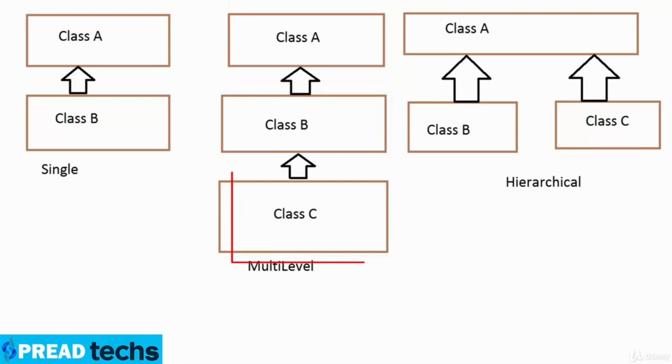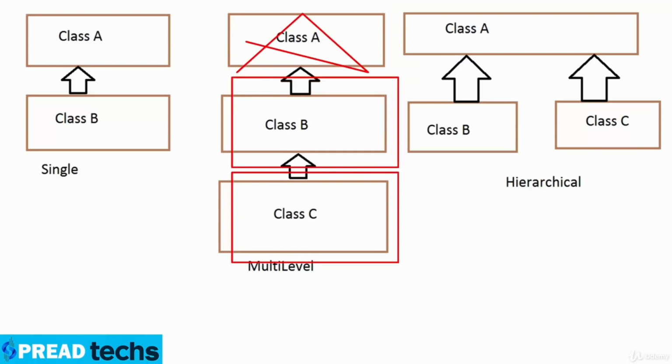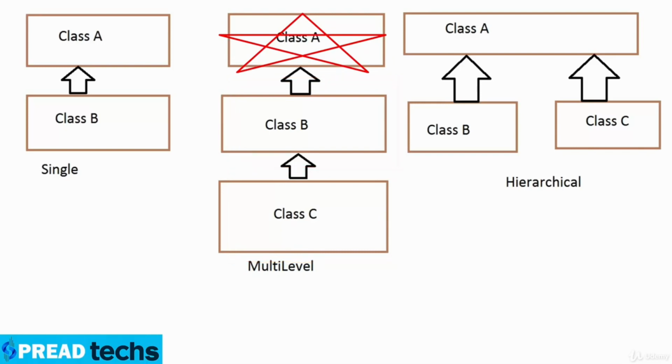For example, class C extends class B and B extends class A. So class A is a parent class to class B and class B is a parent class to class C.